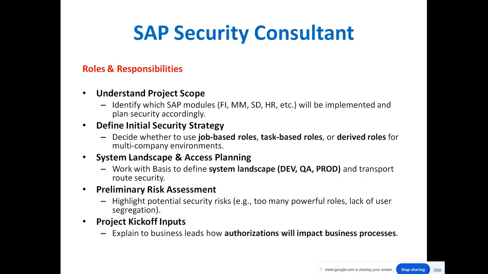Okay, then system landscape and access planning. How the system landscape works and how you are going to access it. Work with Basis to define the system landscape like development, quality, production, and transport route security. Do you know transport request, Anil? No, Muhammad. Okay, I'll just give an example briefly.